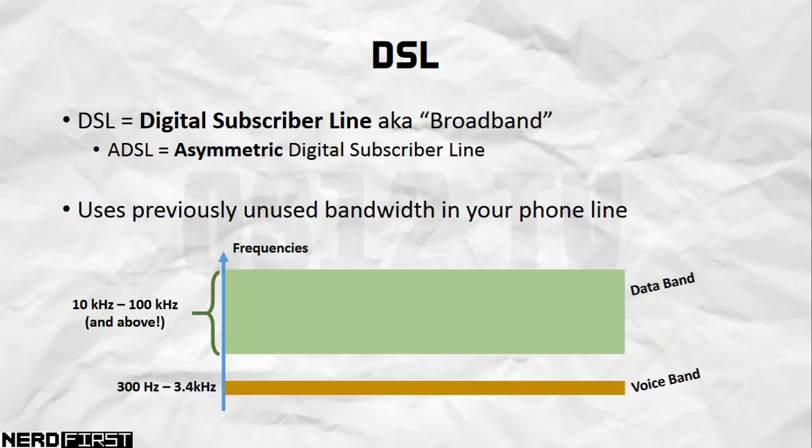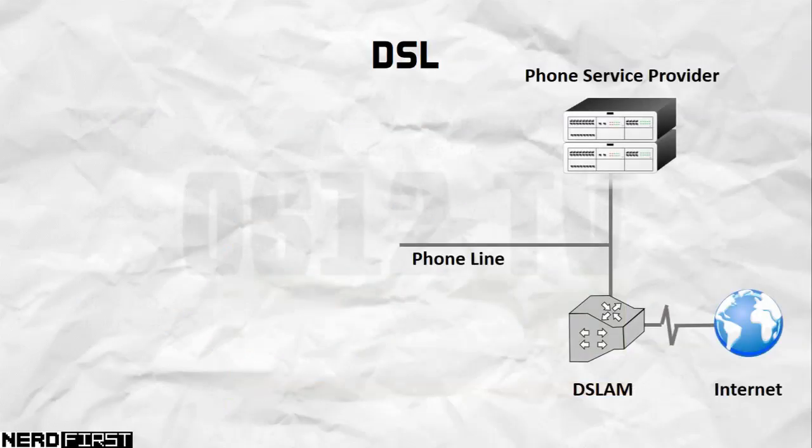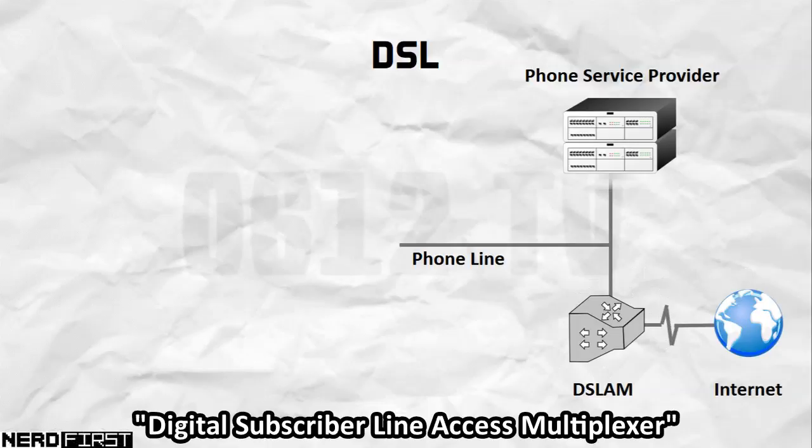Of course, in order to do this, the setup is far more complex. Here's what it looks like. Essentially, you have a phone service provider as usual that is, of course, connected to your phone line. But on top of that, internet service providers also need to set up what is known as a DSLAM, which then connects the phone line, through a bunch of stuff, to the internet.